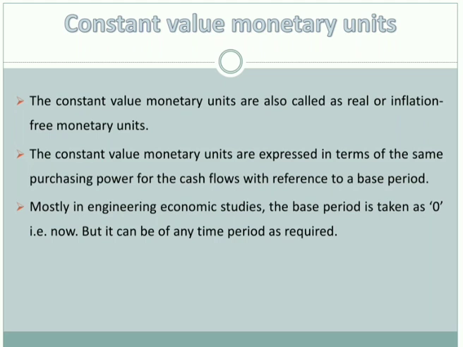It forms a base, a reference. It is a fixed value which remains constant as it is inflation free. When we multiply that value, we get the monetary units in the present era as well as in the past. Similarly, we can predict the monetary units in the future era. That is what constant value monetary units are.